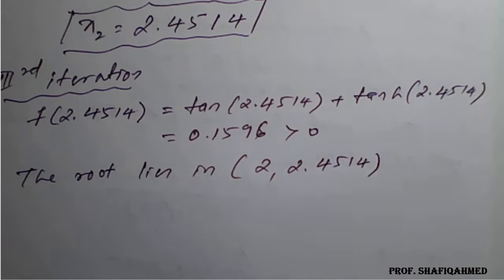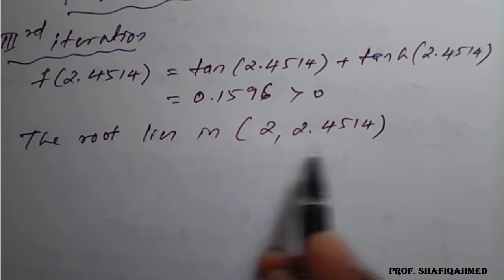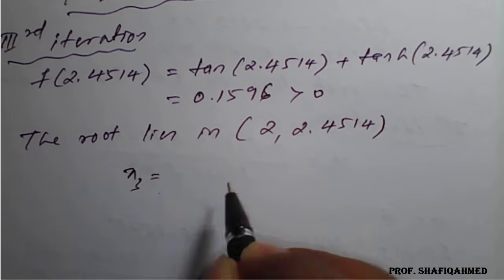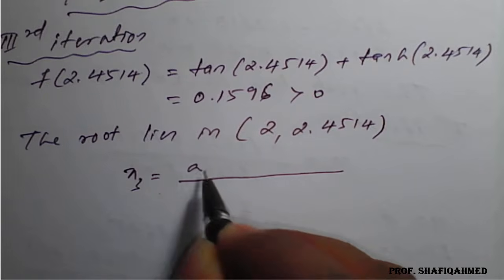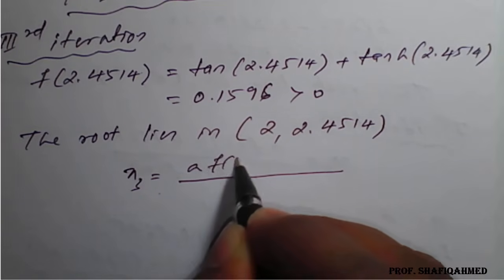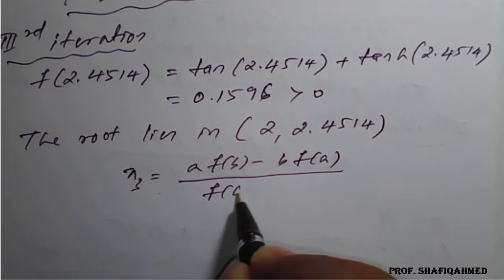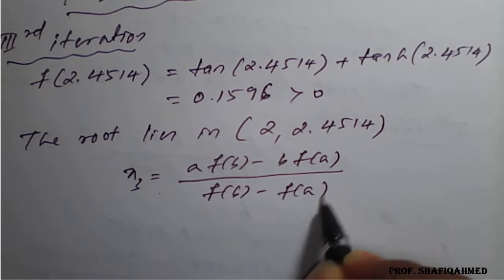that is 2.4514. Once we get this, we need to go for the third iteration formula, that is x3 is equal to a f of b minus b f of a divided by f of b minus f of a.